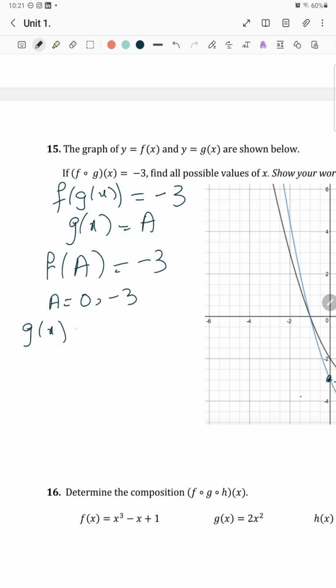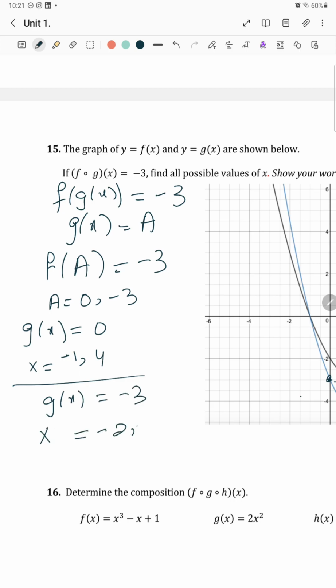So g of x can be 0, so x would be minus 1 and 4. G of x can be minus 3, so x would be minus 2 and 5.